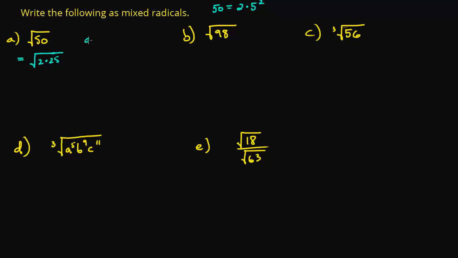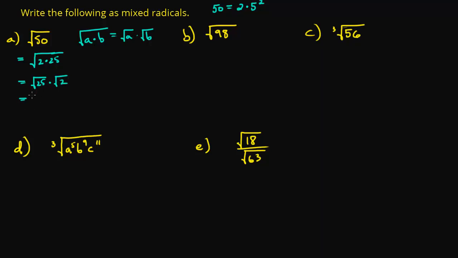Now remember what we looked at in the last video. We looked at this identity that the square root of a times b is equal to the square root of a times the square root of b. So let's rewrite this as the square root of 25 times the square root of 2 using this identity that we've developed.